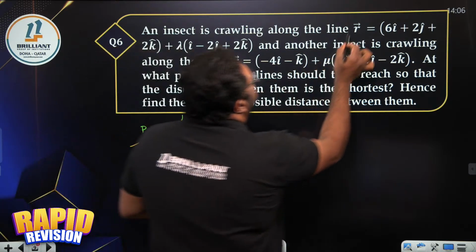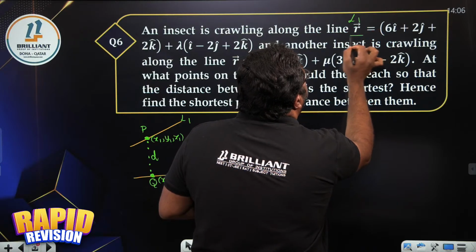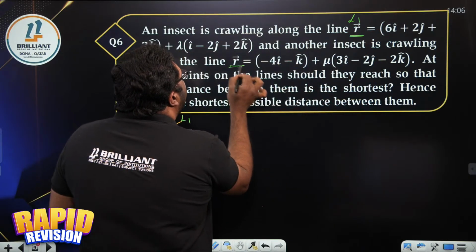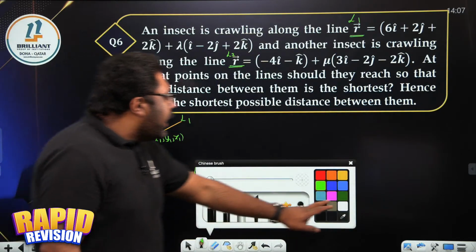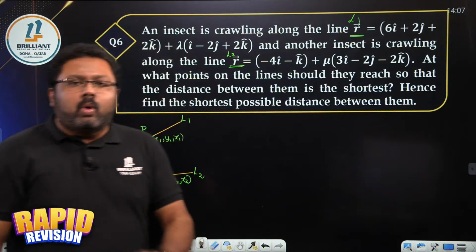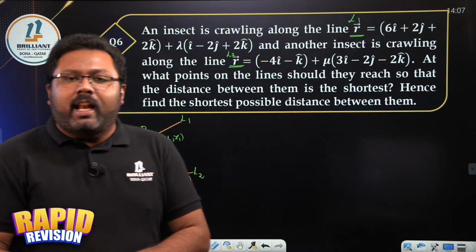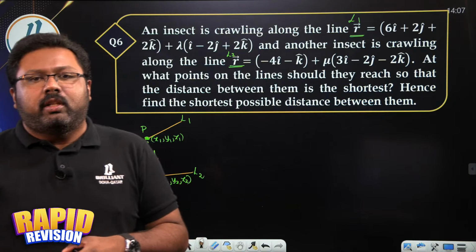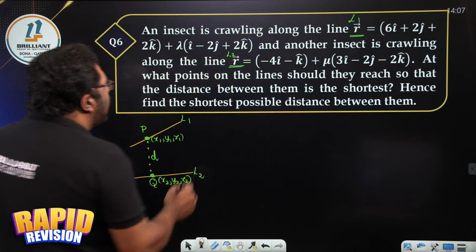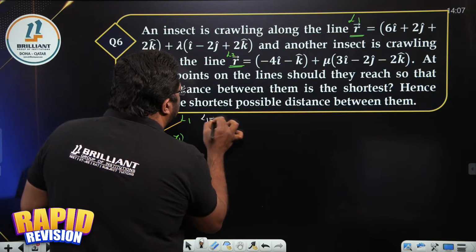Let me call this the first line, and this the second line. And I want points. So like I said in the previous question, the coordinates of a point for a line can be obtained only through the Cartesian equation.